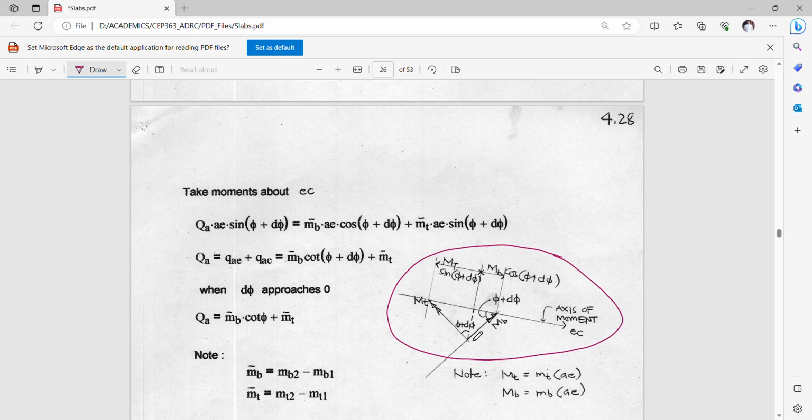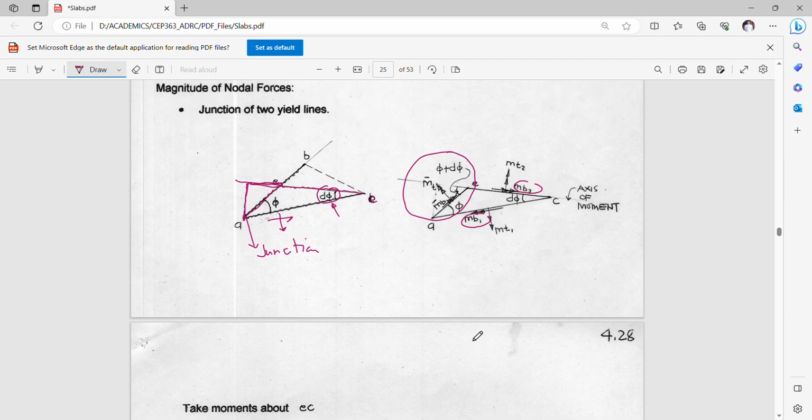So if I know the value of MB1 and MB2 here, I can simply solve for MB bar. So MB bar is actually the vectorial resultant of your moments MB1 and MB2, and MP bar is the resultant of your torsional moments MP1 and MP2.